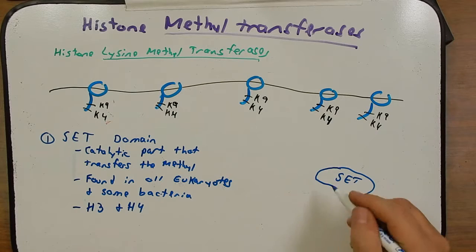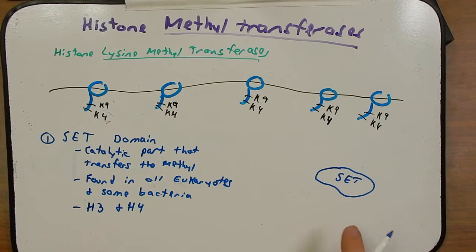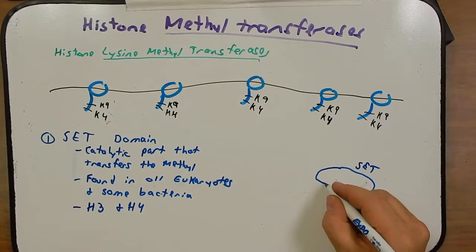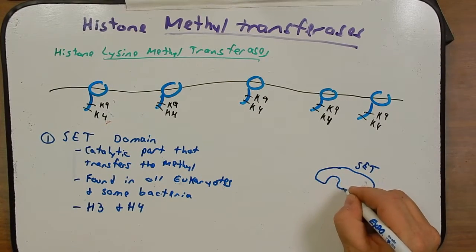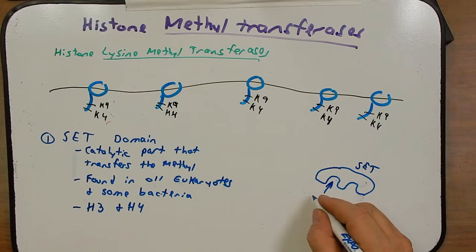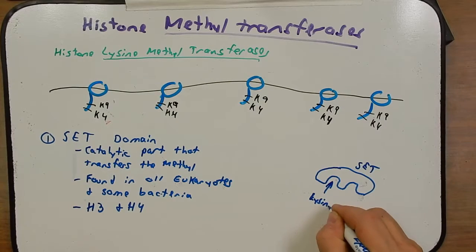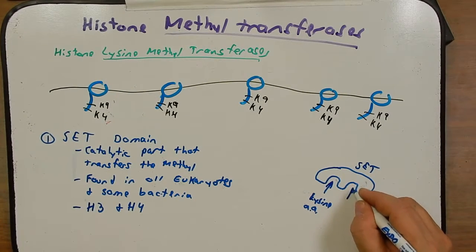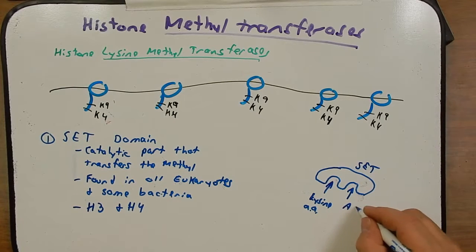Now over here in our enzyme, I'm going to make some changes. So remember, this is our SET, like so. And I'm going to make 2 binding sites here. This binding site will be for the lysine amino acid that's going to become methylated. This binding site binds a molecule called AdoMet.